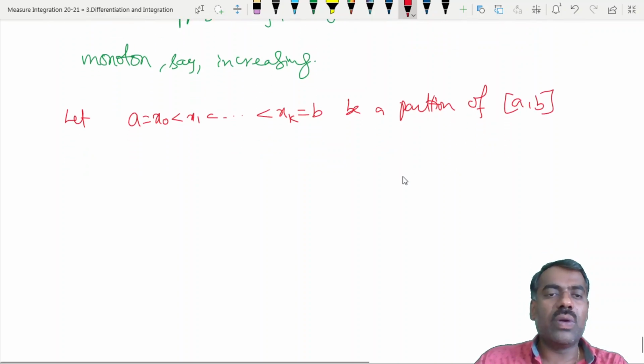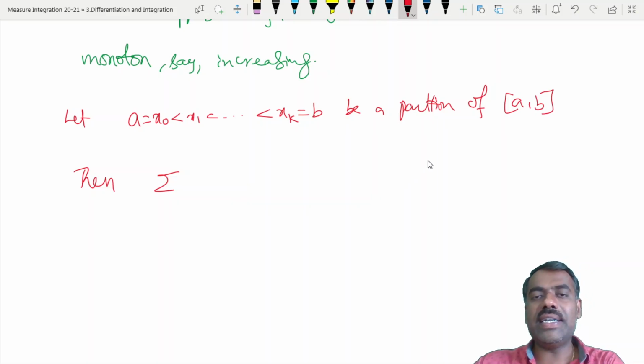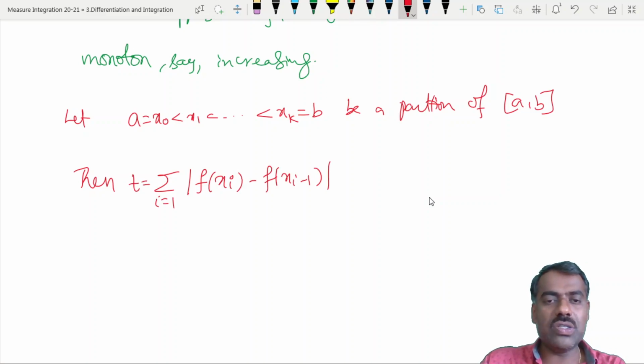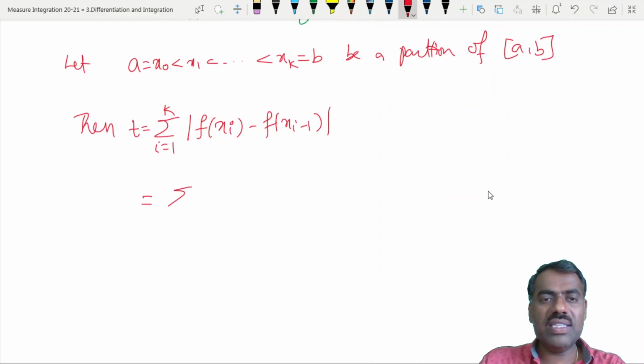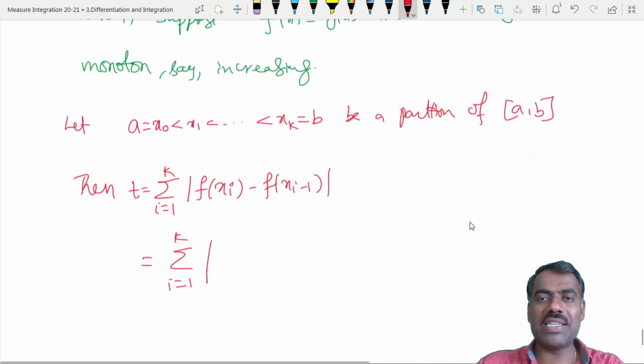Then what can you say about this value, because we want to find the capital T a comma b. For that we want to calculate the summation of mod f of xi minus f of xi minus 1. This value we want to calculate, which we denote as t, from i is equal to 1 to k, right? Can you tell me what is this value? This is nothing but the summation i is equal to 1 to k of f of xi, because our f of x is g of x minus h of x.